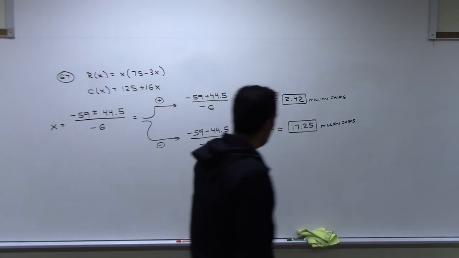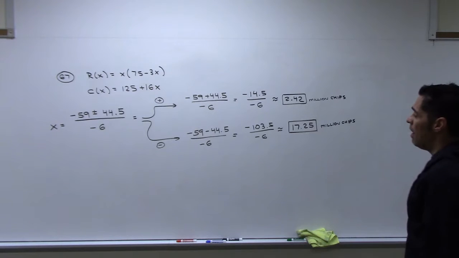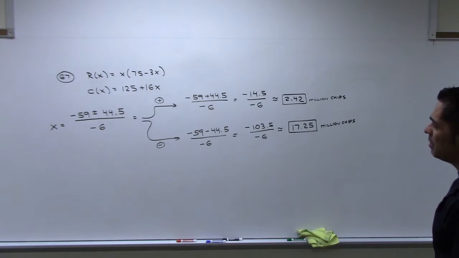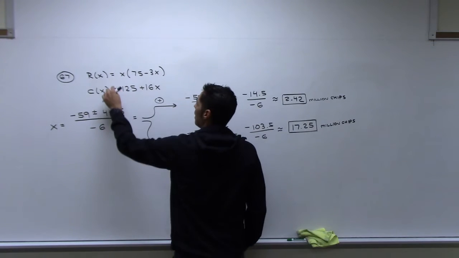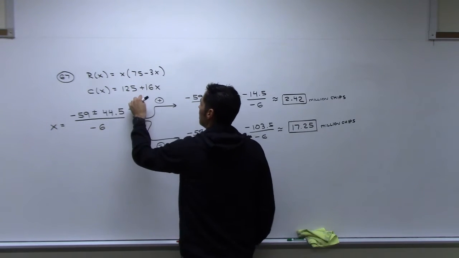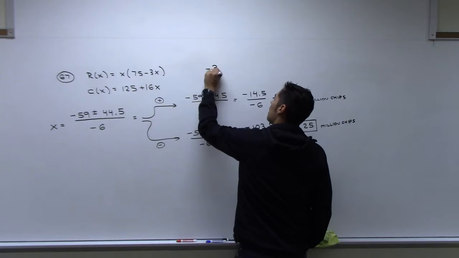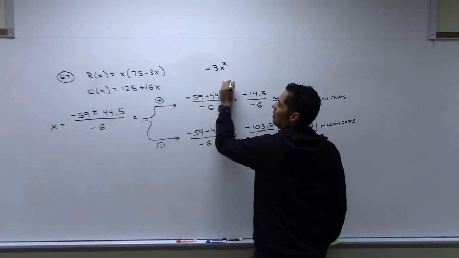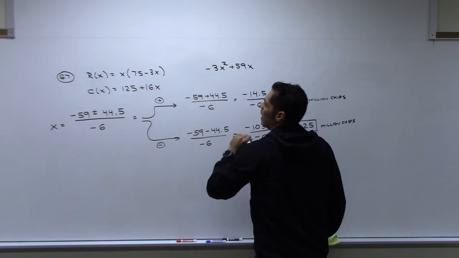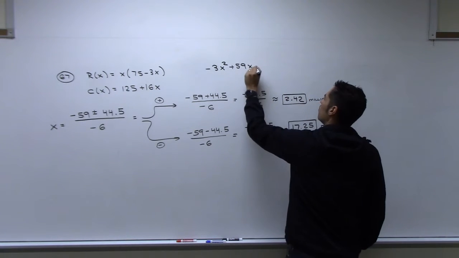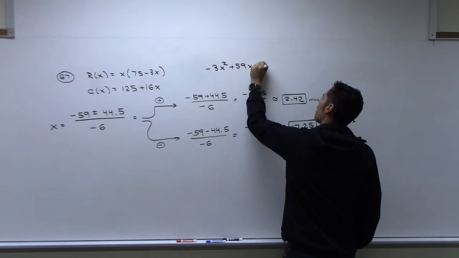So we have to understand a little bit about what's going on here, and I've erased it. Remember that when we did revenue minus cost, we took this and subtracted this. We had negative 3x squared, plus 59x, minus 125.